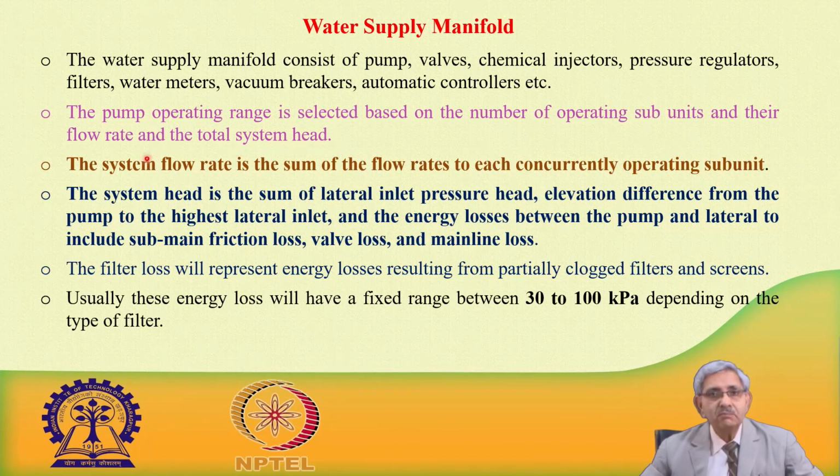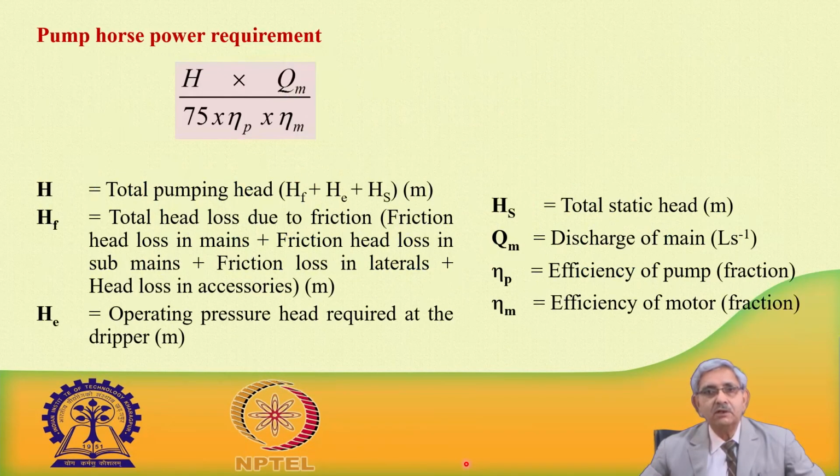So, this is important: we will consider the flow rate and the total head considering these points. The filter loss will represent energy losses resulting from partially clogged filters and screens. Usually this energy loss will have a fixed range between 30 to 100 kilopascal depending on the type of filter we use. We will discuss these points in detail, and this loss will also depend upon the particular type of filter.